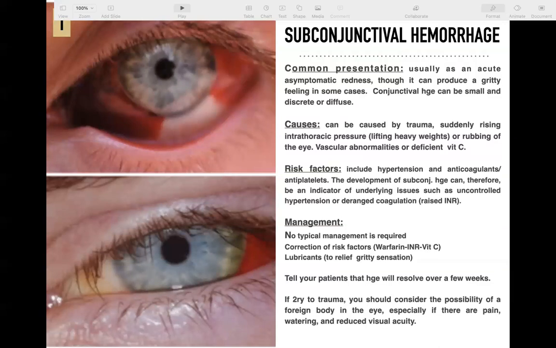I advise the patient to look into the systemic problems, to measure the blood pressure, and to avoid sneezing, straining, and so on.